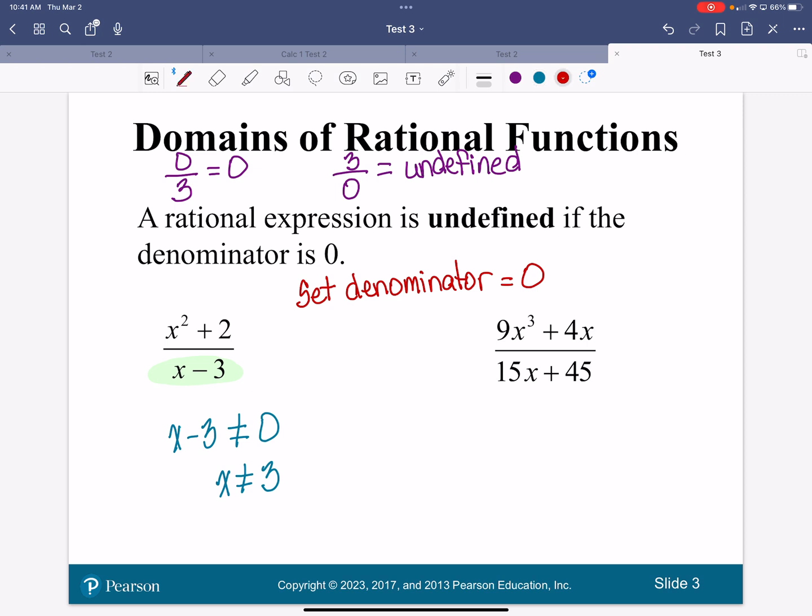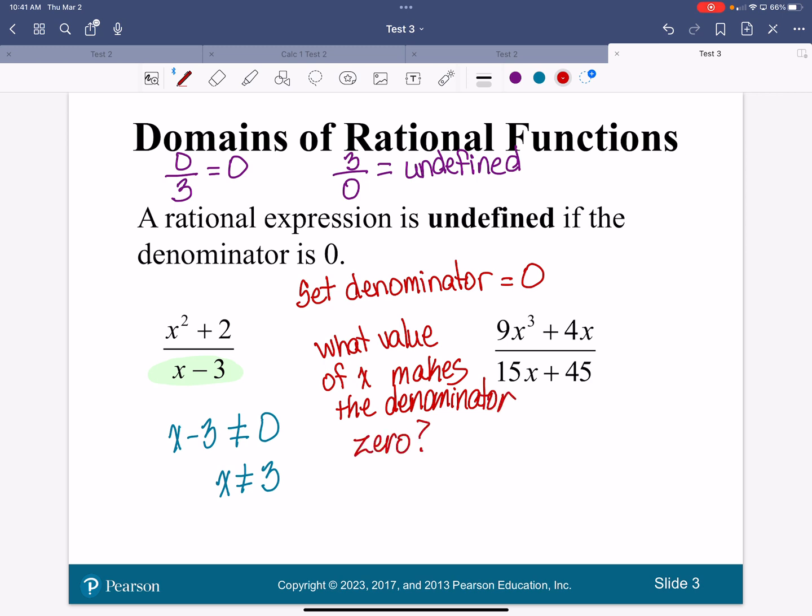So what we're looking for is what value of x makes the denominator 0. That's what we're looking for. We are not saying that x can't be 0. Sometimes x can't be 0, but that's not what we're saying.